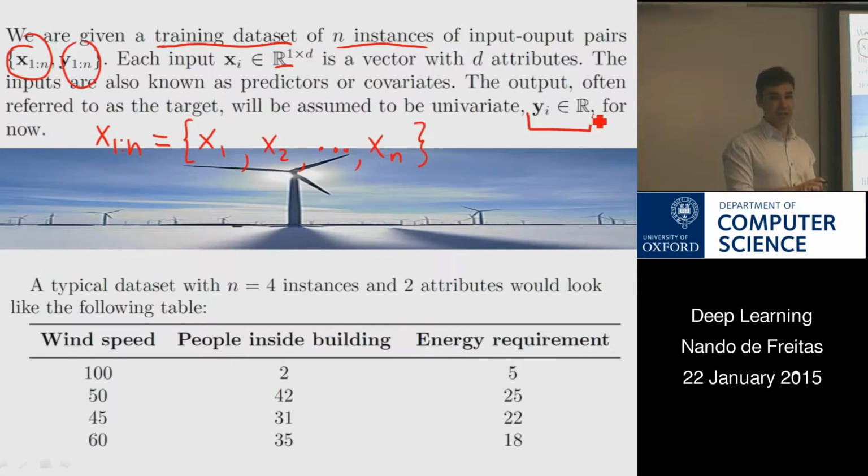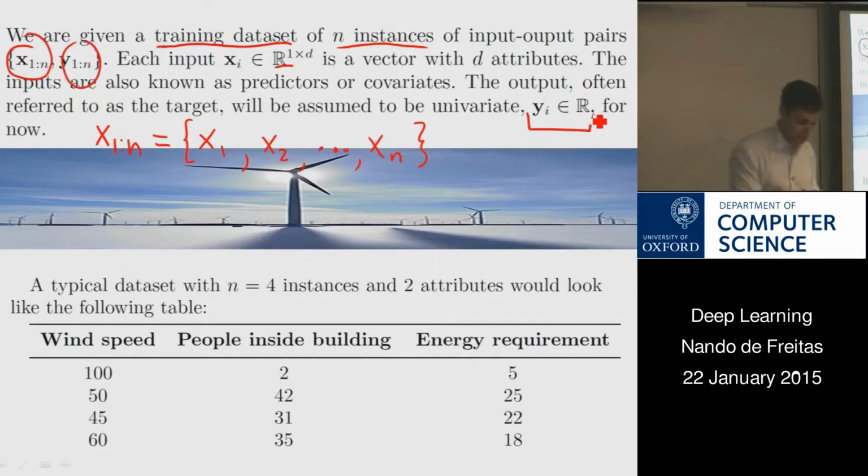Right now we're opening these windows by hand to control the temperature in this room, but imagine that we wanted to improve on that, and put an automatic thermostat in this room that would detect how many people walked in the room. So it would know how many people are inside now. It would know what the temperature outside is because of the wind speed. And then it would automatically predict what is the energy requirement to keep this room at a comfortable temperature.